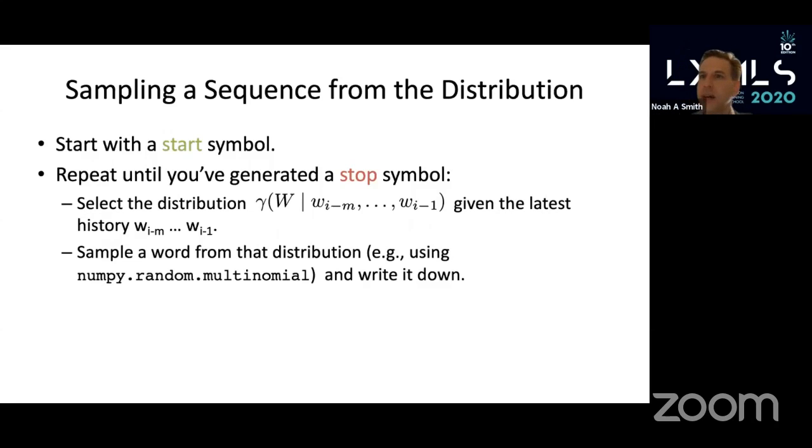In the case of a larger than 1 m, where we've just written down the start symbol at the beginning, what we typically do is we pad the sequence with additional start symbols so that we have an m-word history at the beginning. So you select that distribution, and then you sample a word from that distribution. If you use Python, I think the NumPy random multinomial function will let you sample from it.